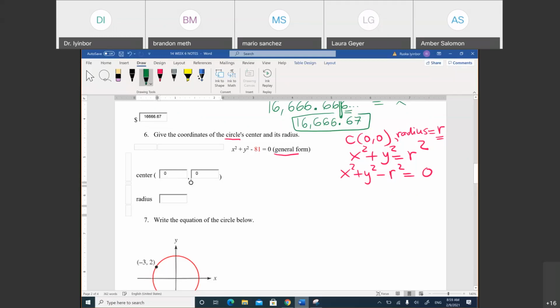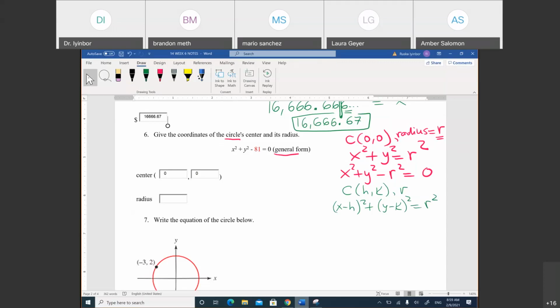Now, if the center is h and k, and the radius is r, the equation is going to look like this: x minus h squared plus y minus k squared equals r squared. This is the standard form. You're going to have more numbers there. But if it's only one number, then center is 0, 0.